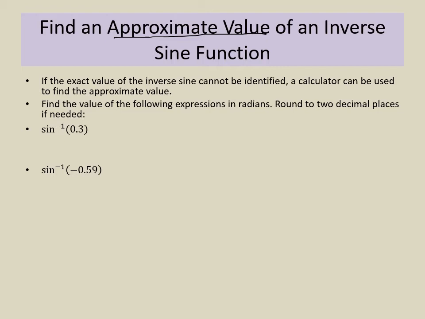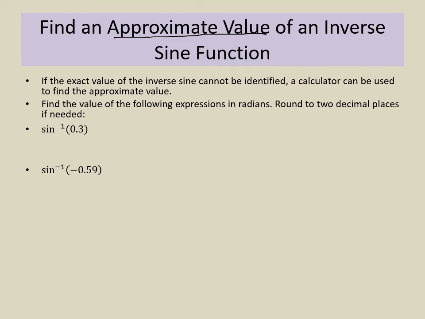So if it's not one of those exact values, we can find an approximate value using our calculators. If you do not have your calculator right now, please pause the video and bring it out, and we're going to go over how to find approximate values for those.